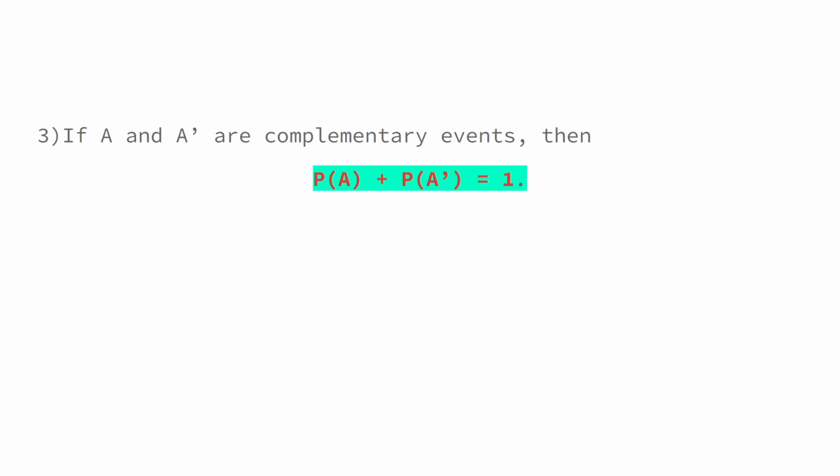How can you prove this in 1 line or 2 lines? Using the previous properties only, what I've stated. What are some properties you know about A and A complement in the first place?